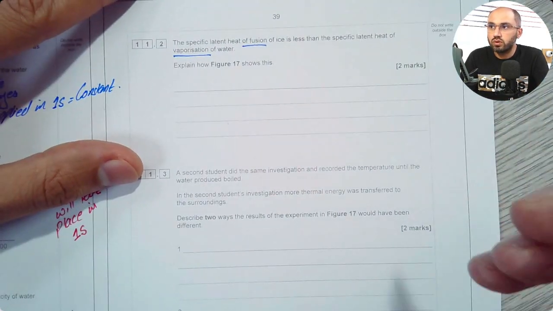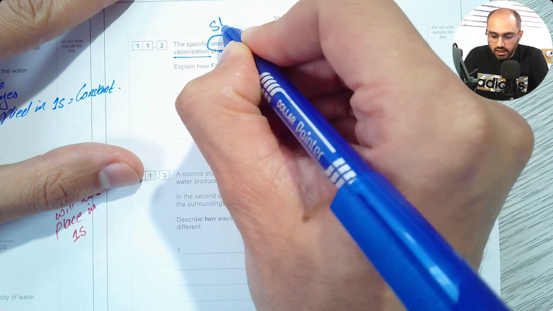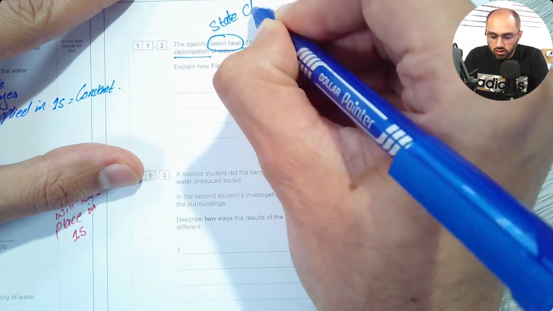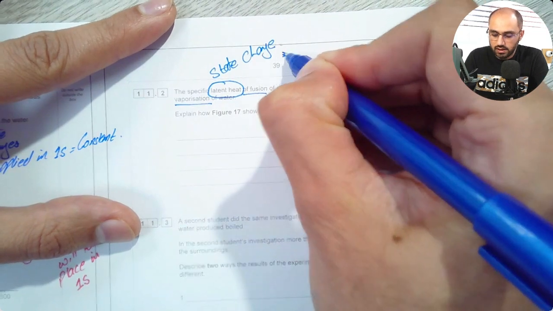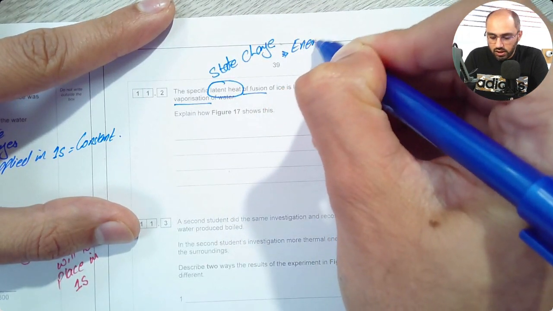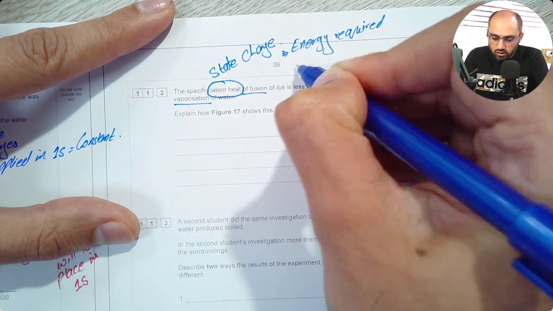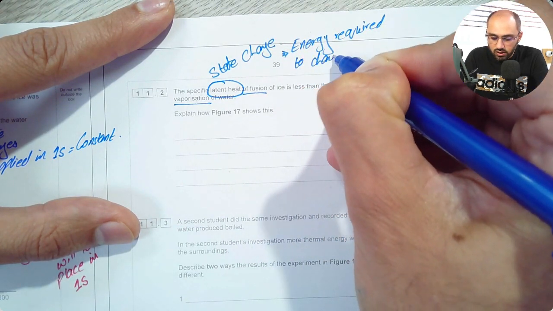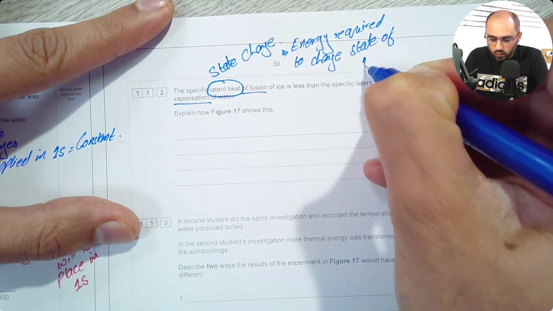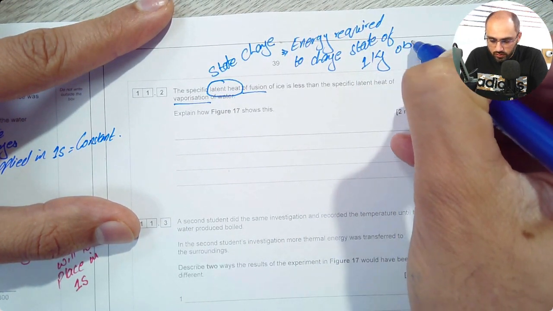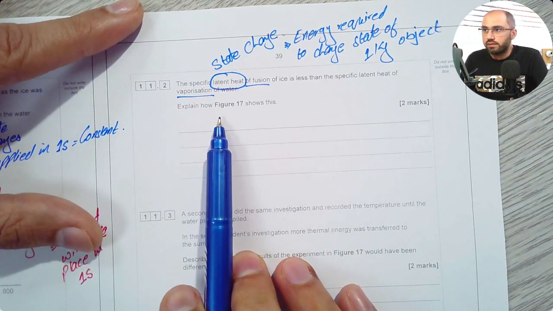And whenever you use the word latent heat, this is for state change. So in this case, I'll say it is energy required to change state of 1 kg object.